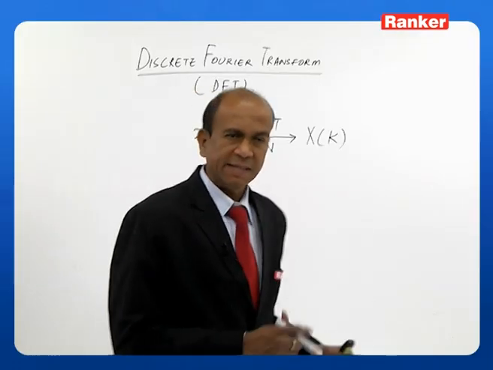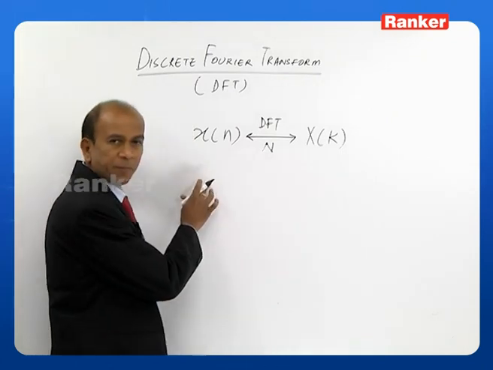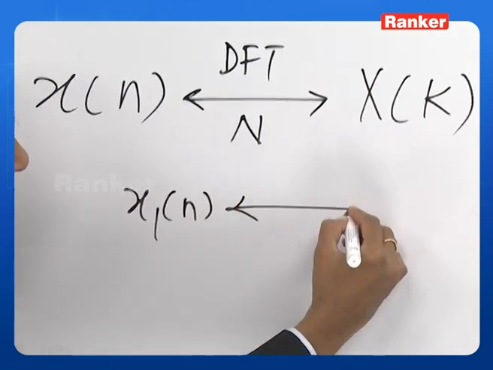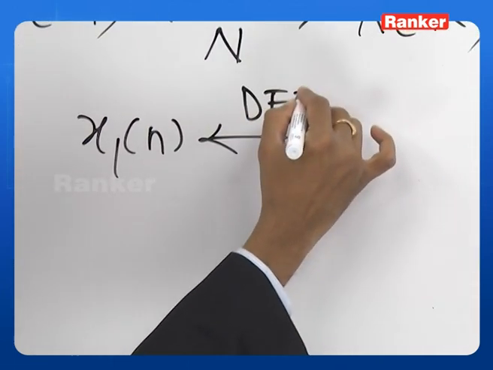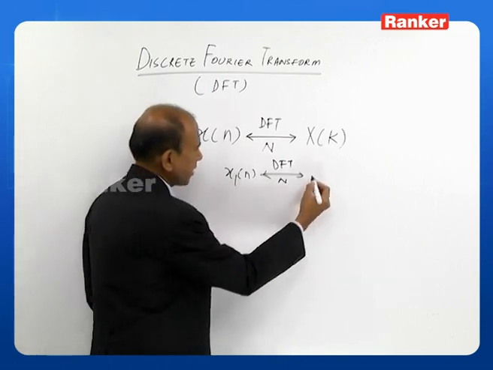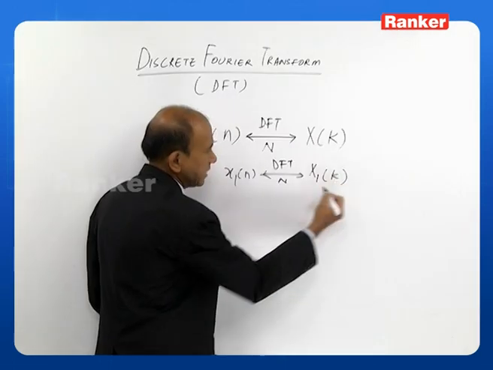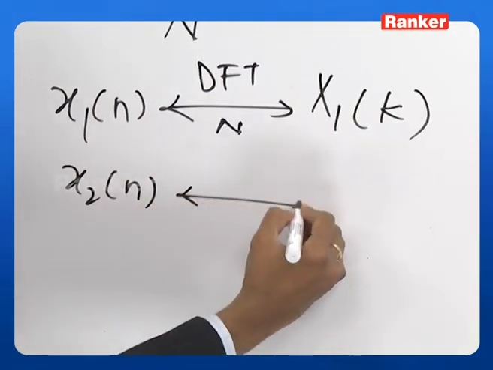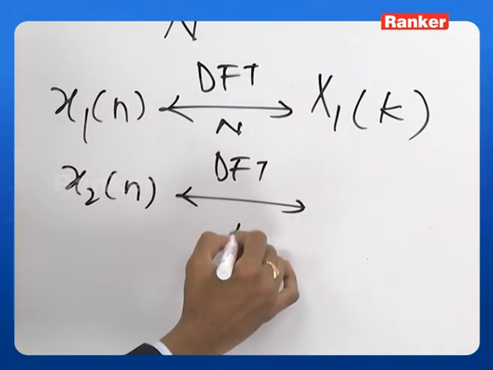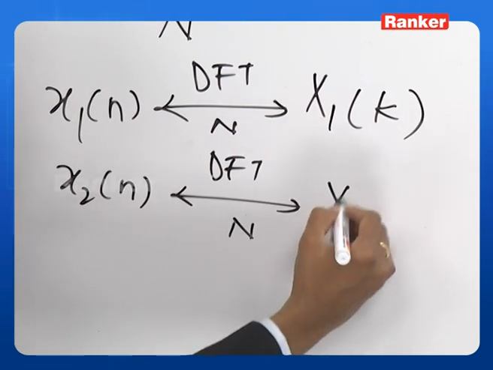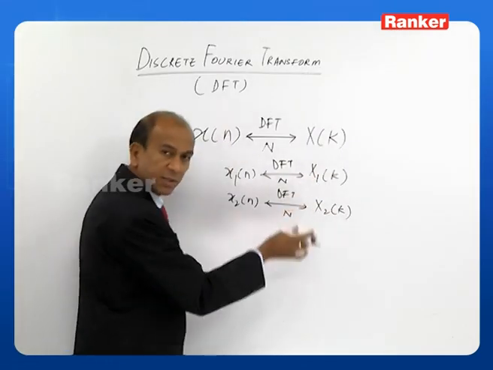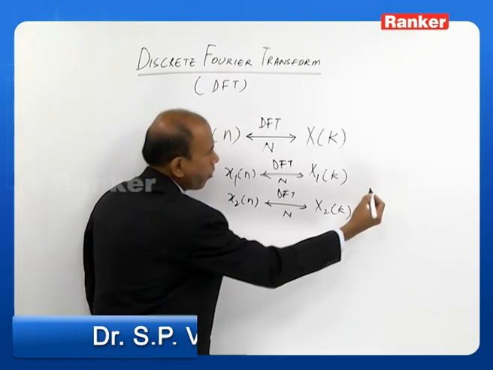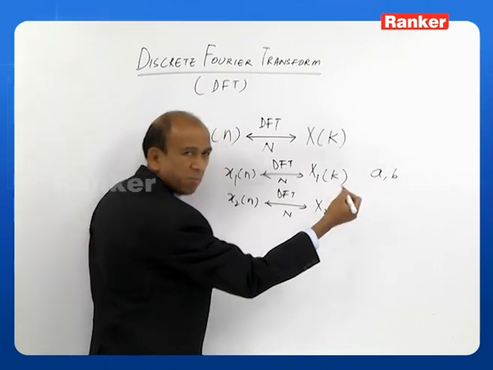So as I have said, let us see this. Let us say I have x1 of n, and its n-point DFT is x1 of k. So this is existing. Then similarly I have x2 of n, and its n-point DFT is x2 of k. This is what we have. Then let us say there are two constants a and b, they can be either complex or real.